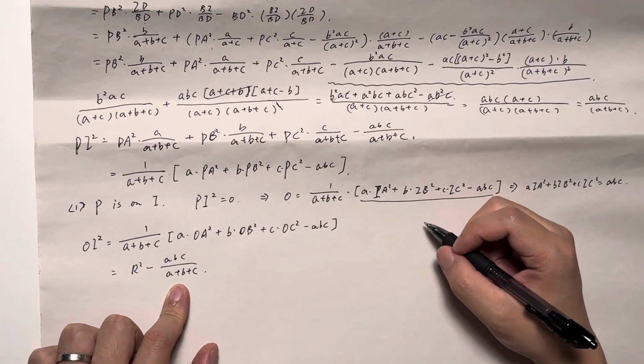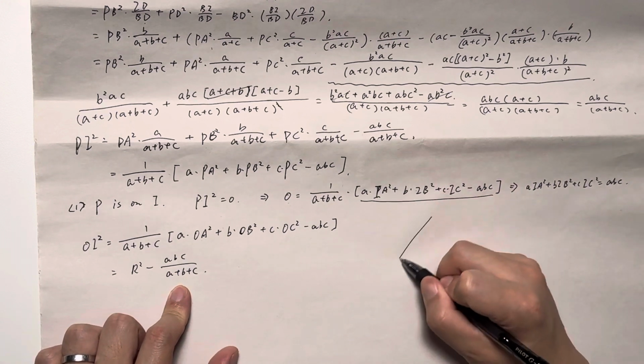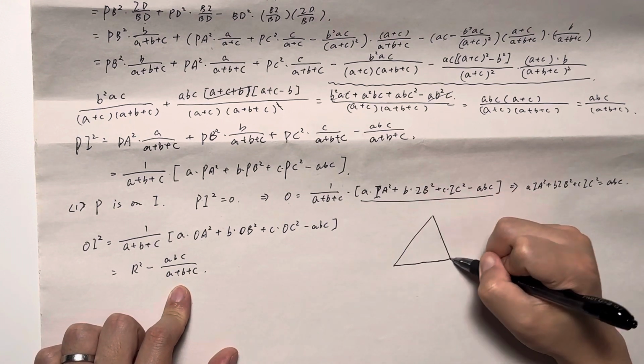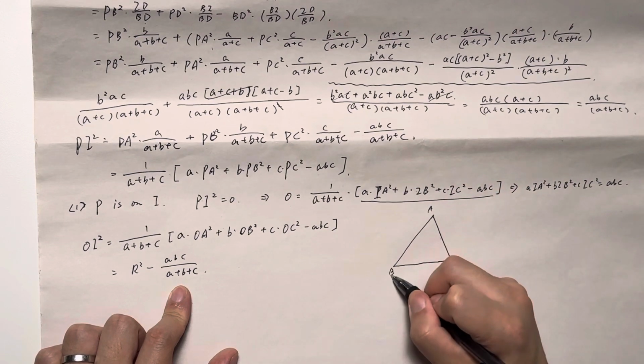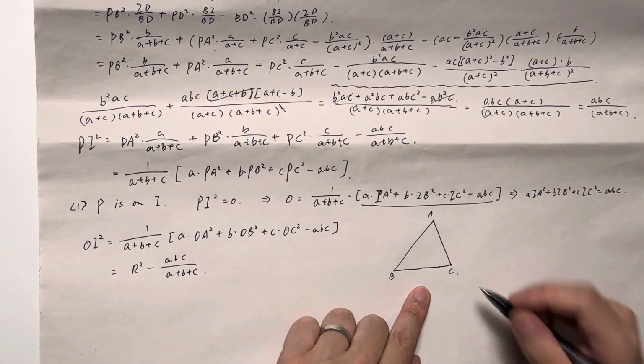If we want to calculate the area of triangle ABC, what can we do here?